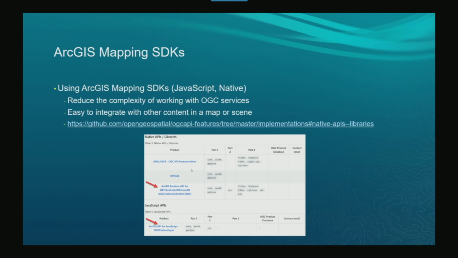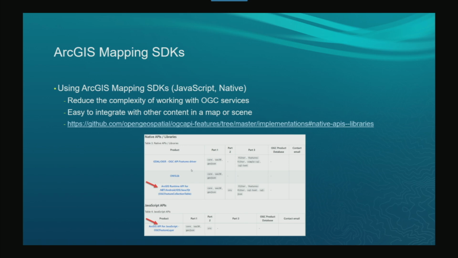The ArcGIS Mapping SDK is available for you to reduce the complexity of working with OGC FeatureServer. And you have two choices, either use the native SDK or the JavaScript. It's easy to integrate because you're familiar with map and scene. You can add it as a layer into our map, into our scene, and so on and so forth.